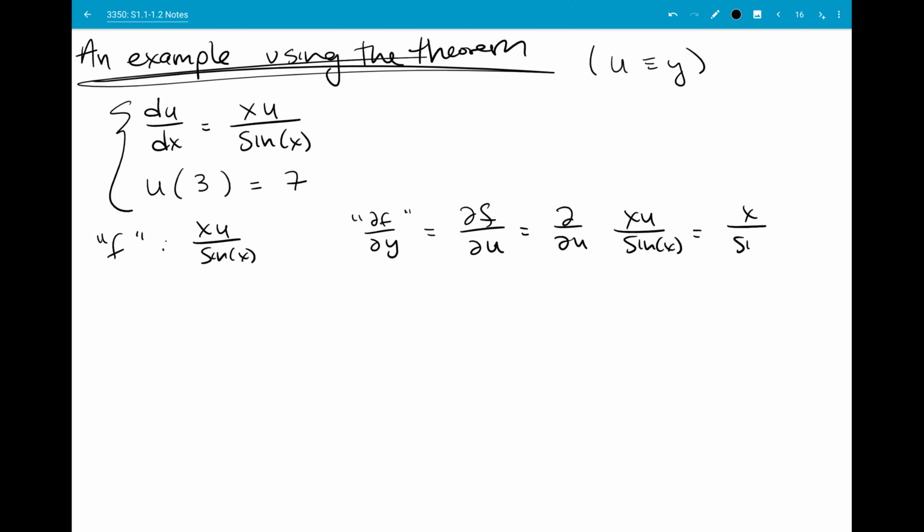That's just x over sine of x, because we're taking the derivative with respect to u, so x over sine x is basically a constant. And our x0, y0 is going to come from that u of 3 equal to 7. So our x0 is equal to 3, and our u0, which is what we called y before, is 7.